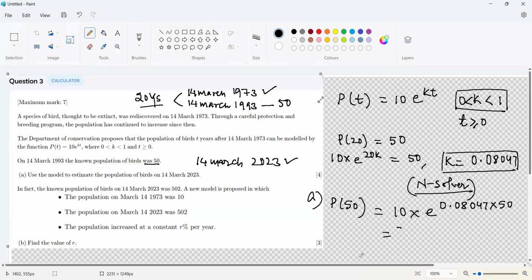It is showing in the calculator 558.964, which I can write approximately as 559 birds. 559 birds. Are you getting this?